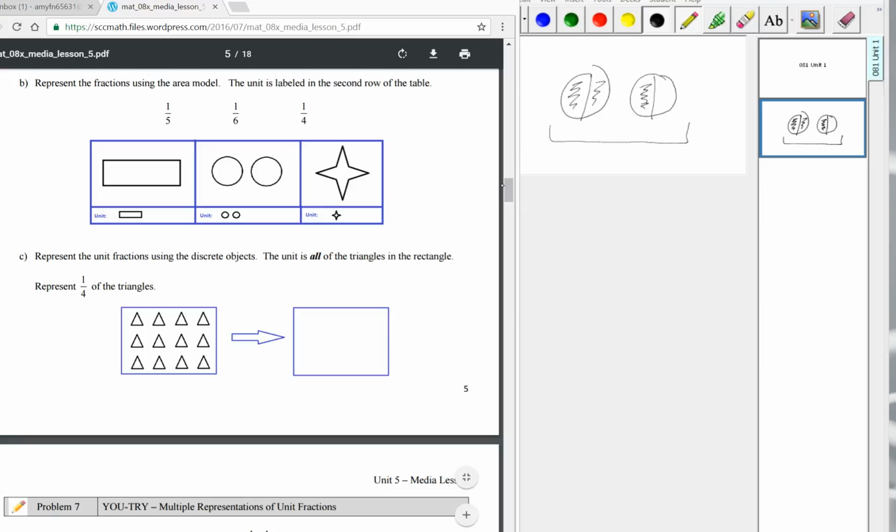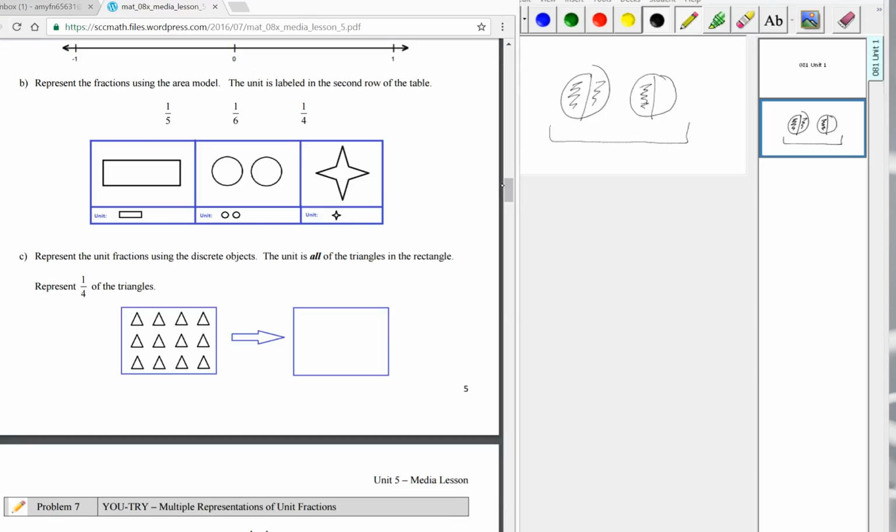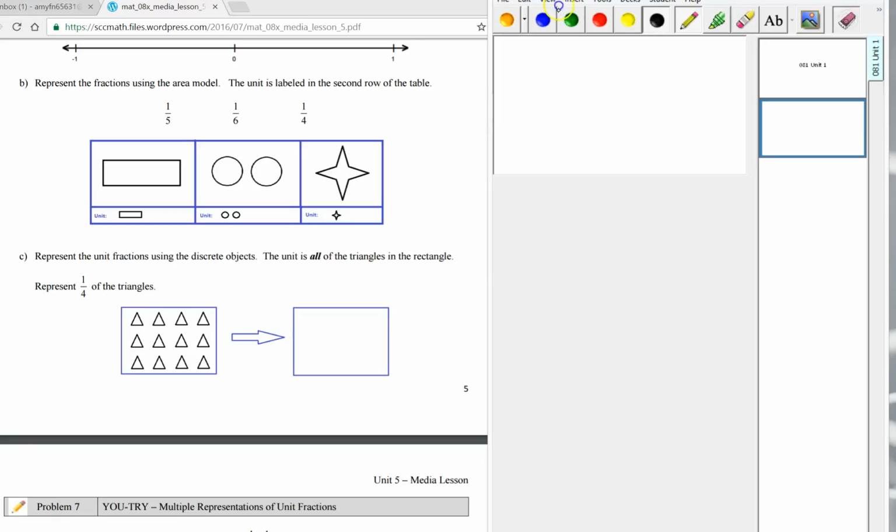And then we also have a discrete example. So we're thinking of all of these triangles as the unit. That's interesting because there's 12 triangles, but we're saying the 12 triangles are 1. And how do we represent 1/4 of the triangles? You can look at different ideas.